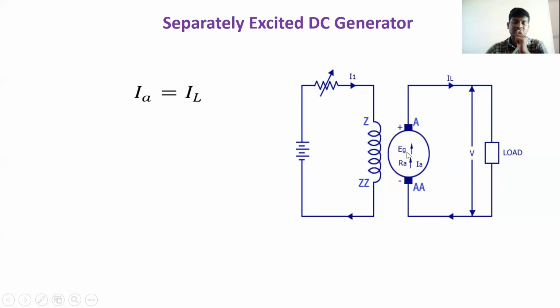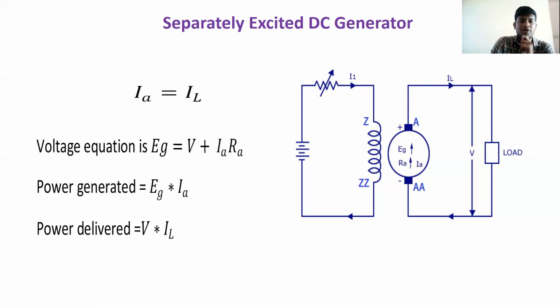We have the induced voltage EG with a plus sign, and then the load. So the EMF equation is EG equals V plus IA RA. That is the voltage equation of the separately excited DC generator.